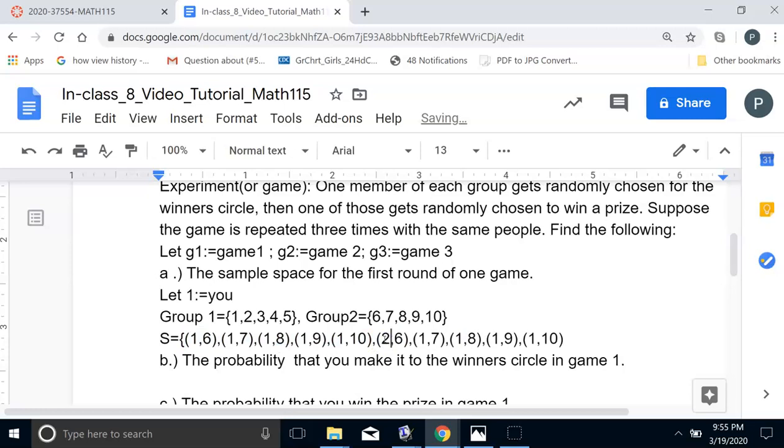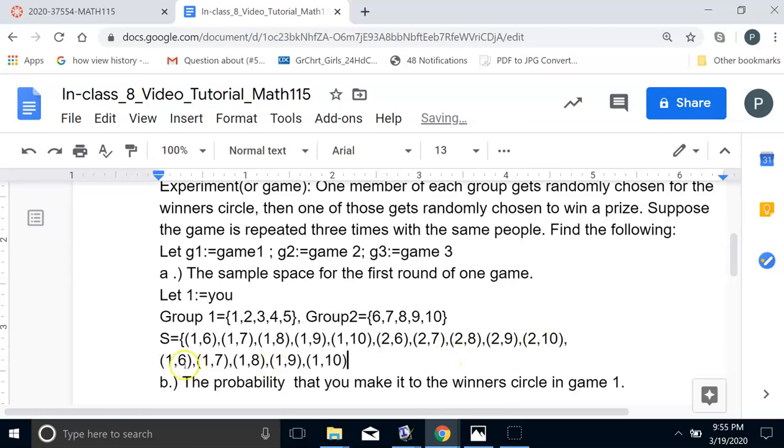2, 2, 2, 2, 2. Then we could have a 3, 3, 3, 3, and 3.